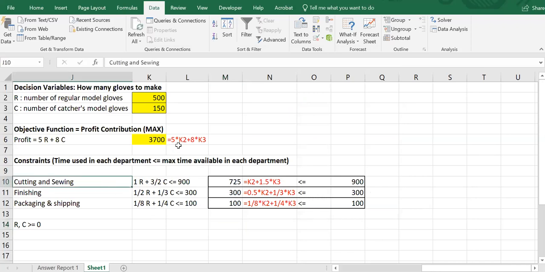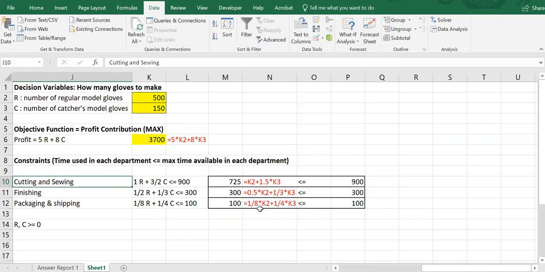So our optimal decision is to produce 500 units of regular gloves and 150 units of catcher's gloves, and this production schedule will lead to a profit contribution of $3,700.